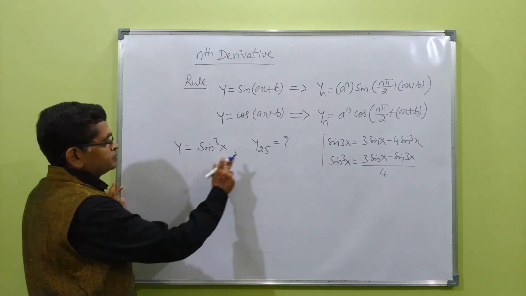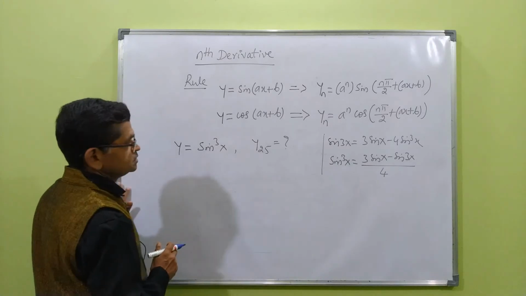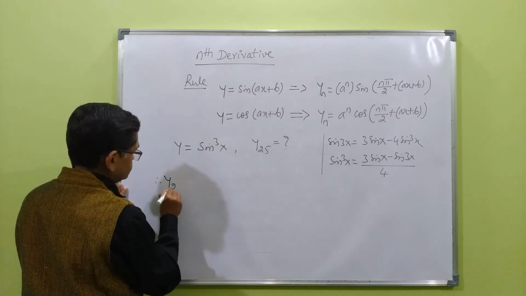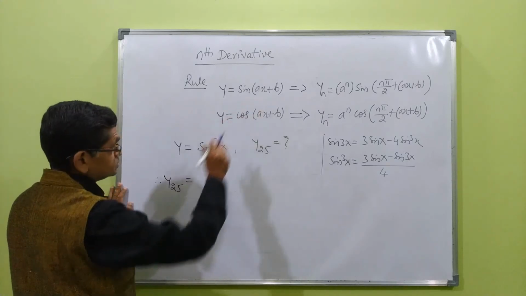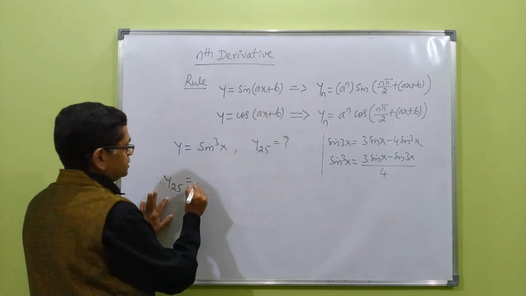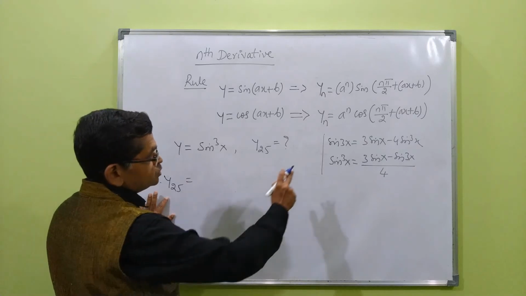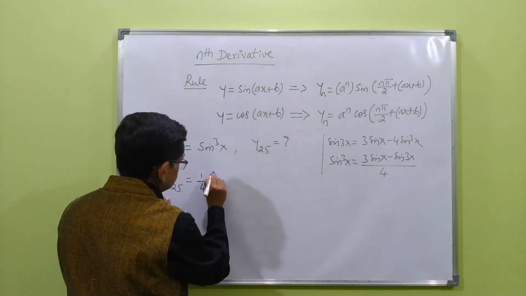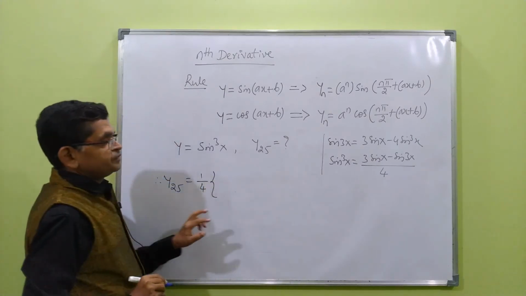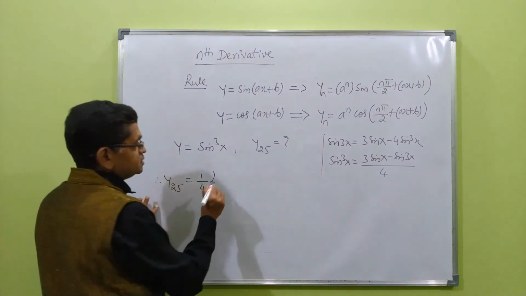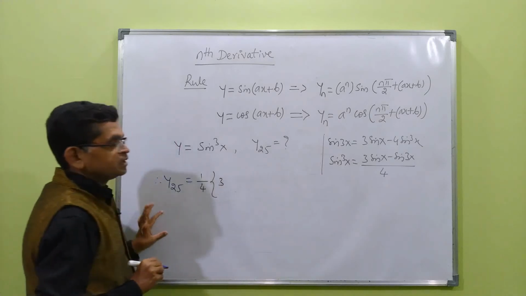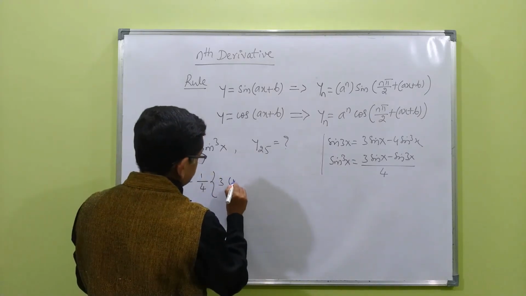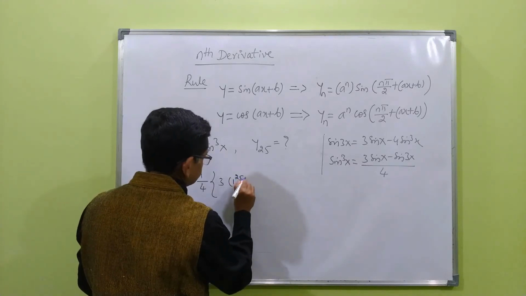Therefore y25 is, according to this rule, two separate terms will come. 1 by 4, 3 sin x first. 3 into sin x, a is 1. 1 raised to 25, a raised to n.